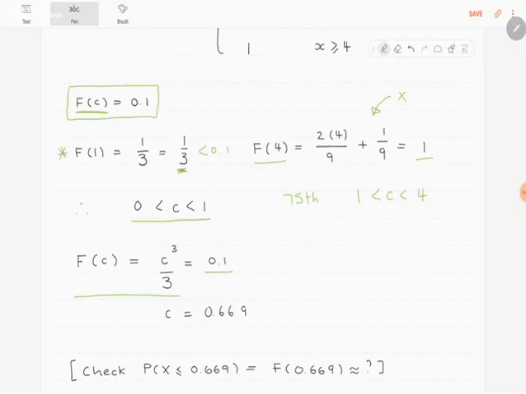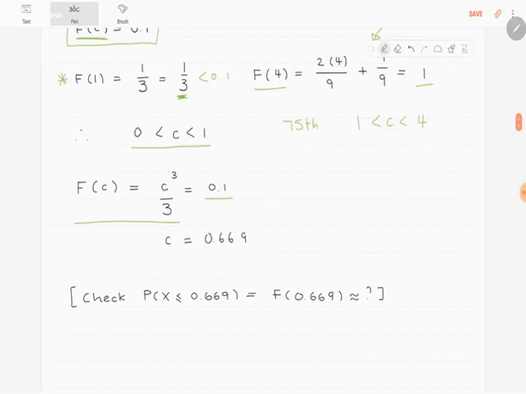You'll usually find that in a test, if you have an option of using the CDF or the PDF, the CDF is going to be a lot less work and usually a lot easier. But if you're not told which way to do it, go ahead and do it whichever way you like. If you're told, you need to do it the way you're told, so make sure you know how to do it both ways.